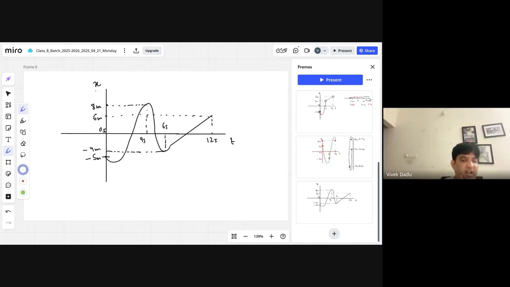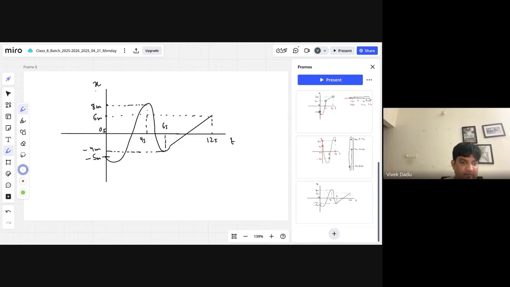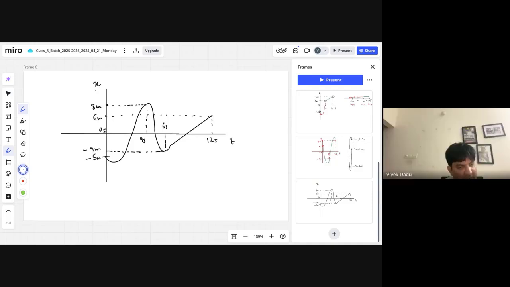Only thing is, which axis was it? Sir, x-axis. Did you draw an x-axis? No, sir. Aryanth, fine. Fine, Sarah.